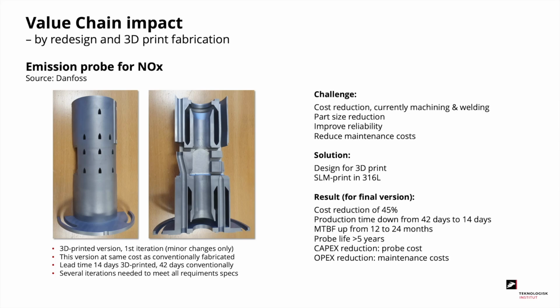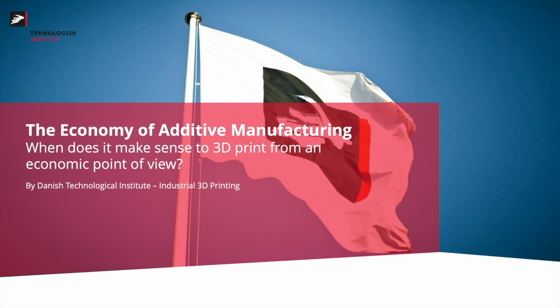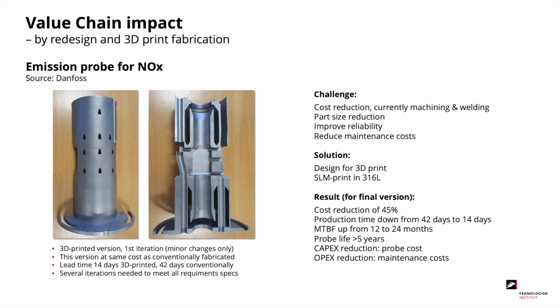They are currently high due to the machining and welding. We want to reduce the part size and improve the reliability, and we want to reduce the maintenance cost. The solution here is that we design optimized for 3D print and print using the SLM technology in stainless steel 316L.